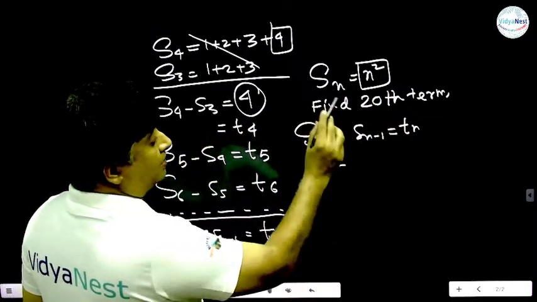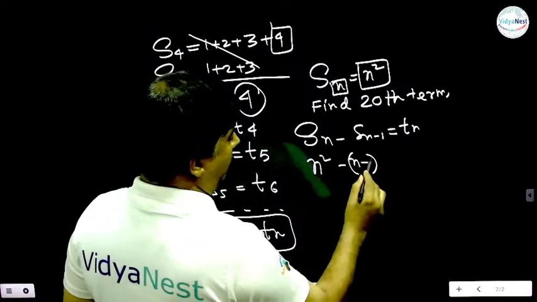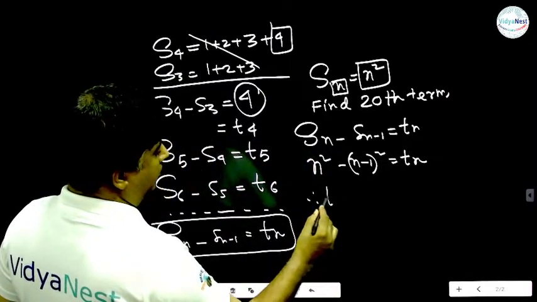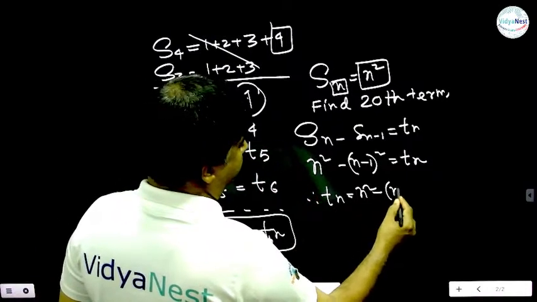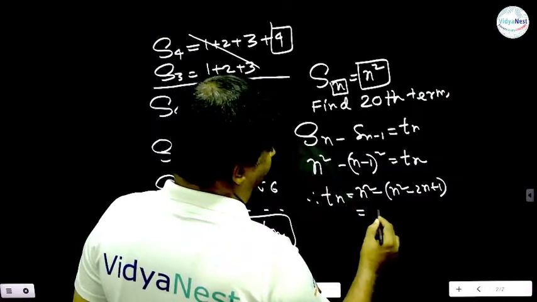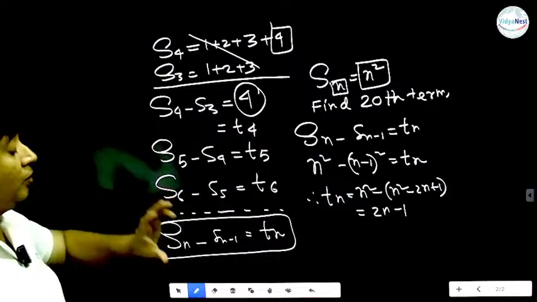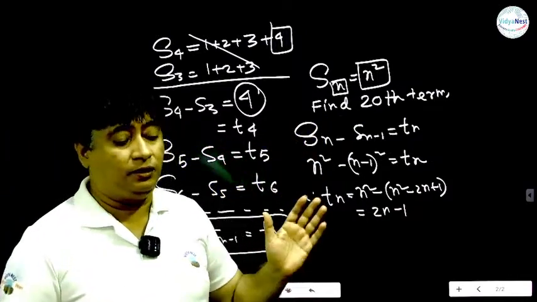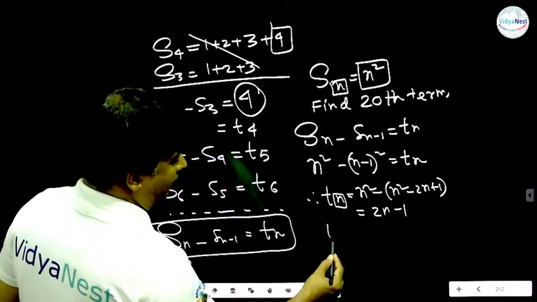So what will be S(n minus 1)? n will be replaced by n minus 1. Tn, open it: the n square terms will get cancelled, and you will get 2n minus 1. Once you get Tn, it will be an easy task to find T20. Put 20 in place of n.